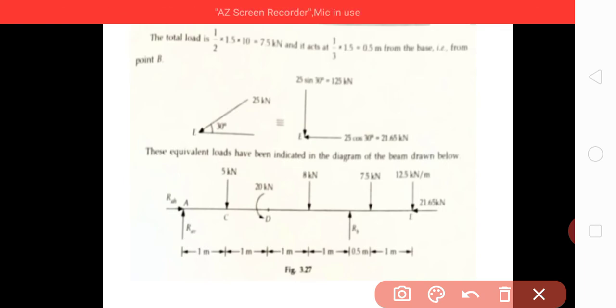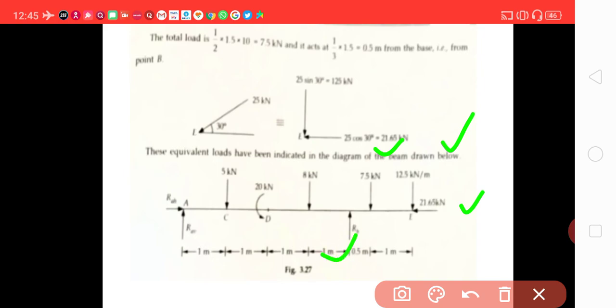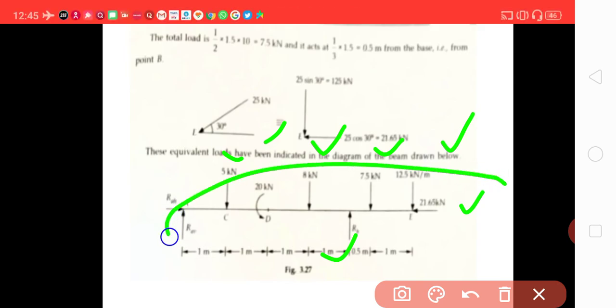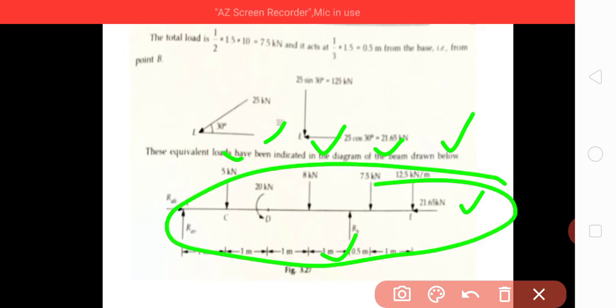So we have converted all the UDLs and UVLs into point loads and shown them on the free body diagram. This is the force diagram, complete.